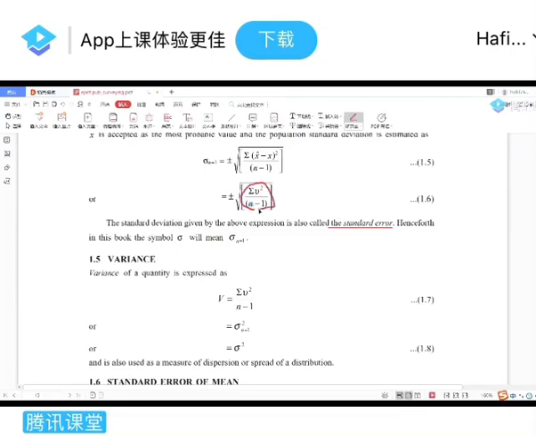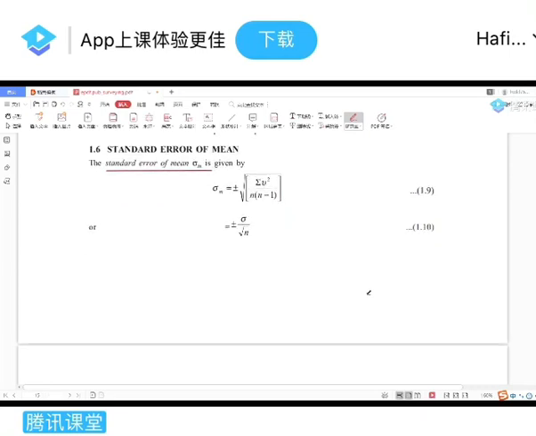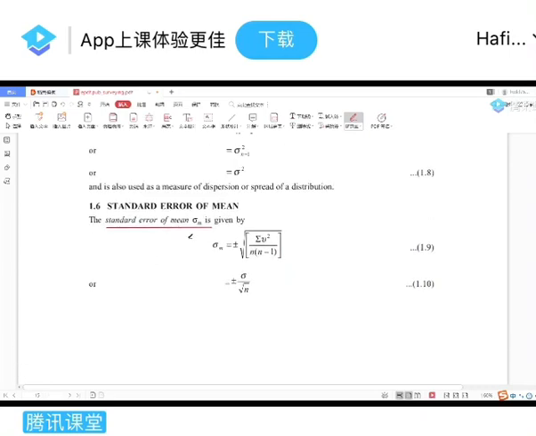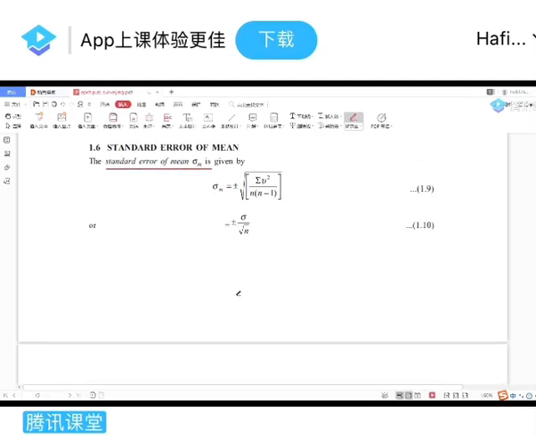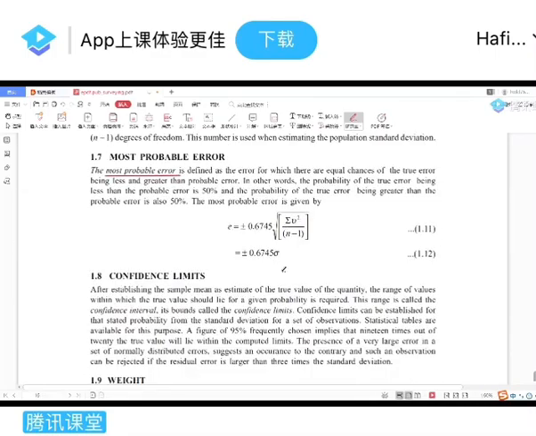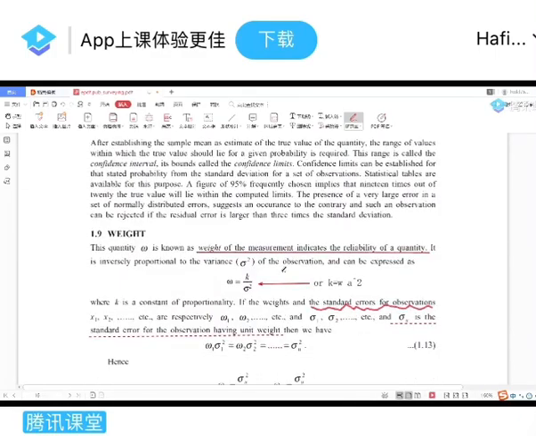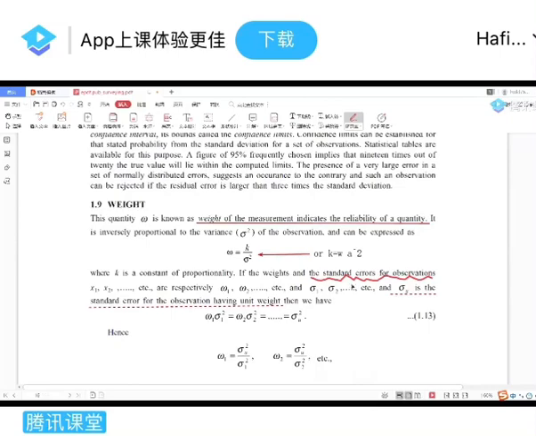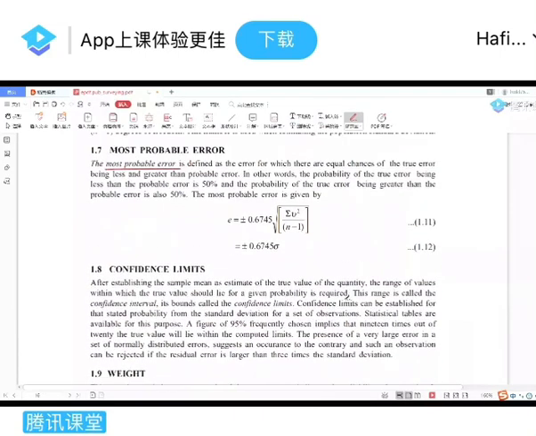If you take a variance, it is this number, and this is a mean. Mean is another random variable. You take the mean. So in principle, this one is the number of the observation, sigma 1, sigma 2.